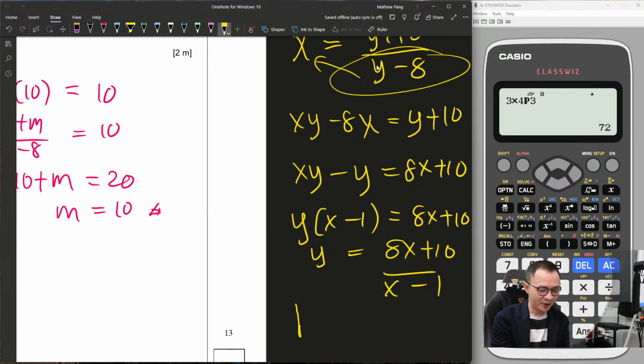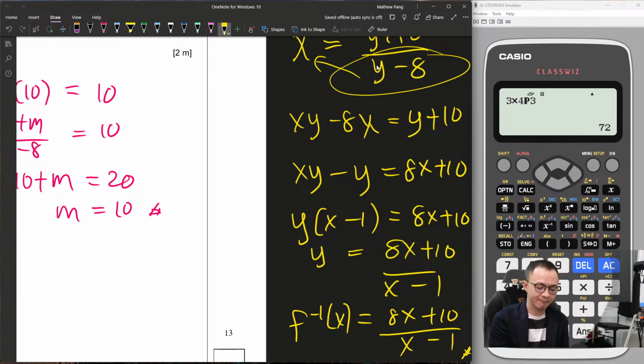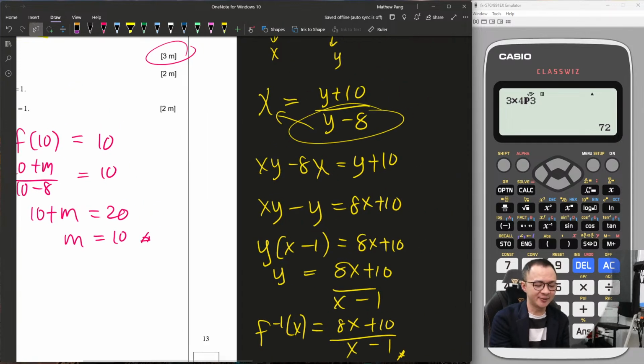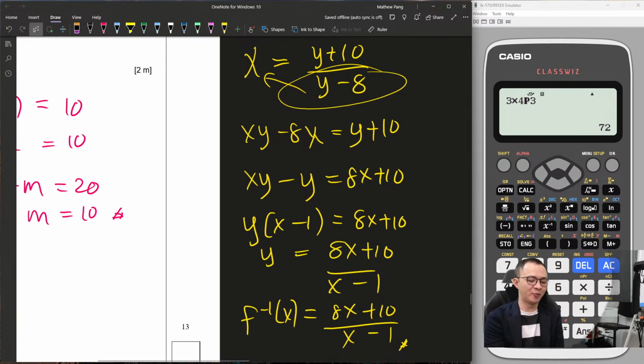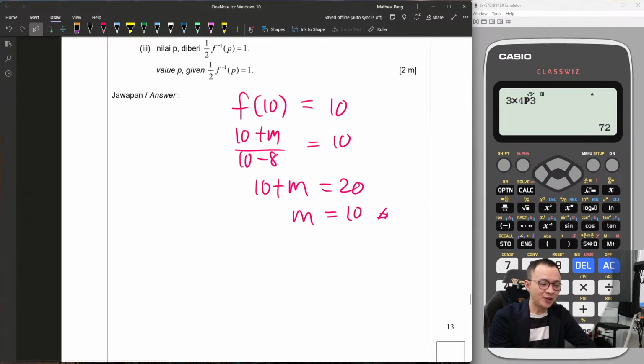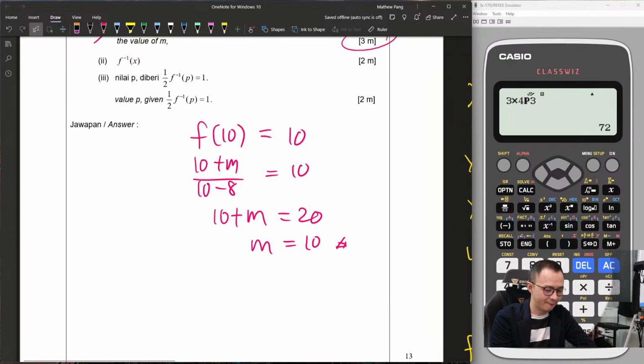My y will be f inverse, isn't it? So f inverse of x is 8x plus 10 over x minus 1. Done. Inverse function. Okay, so basically it's more like algebra lah. Your objective is to make y the subject. Once you understand, it should be fine.